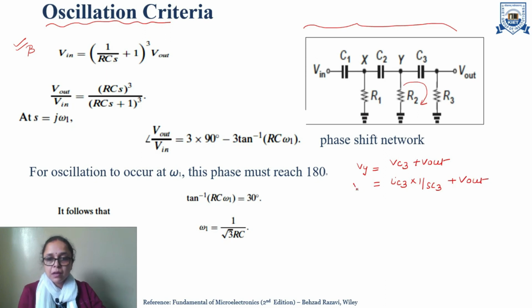So Vy will be equal to IC3, which is V out by R3, so V out by R3 multiplied by SC3 plus V out.